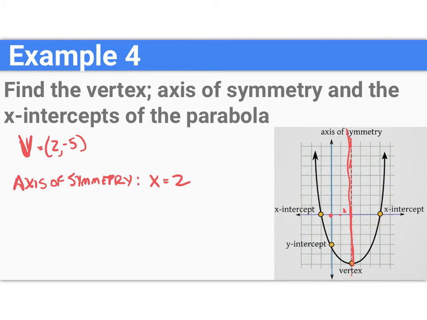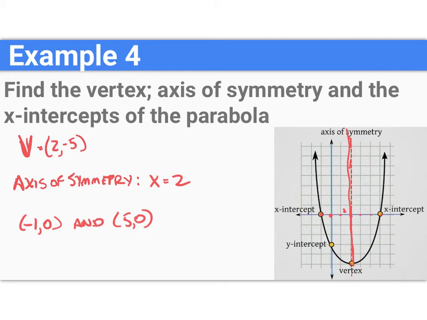And then now we have to find the x-intercepts. So the x-intercepts are -1, 0, for this graph, 1, 2, 3, 4, 5, and 5, 0.